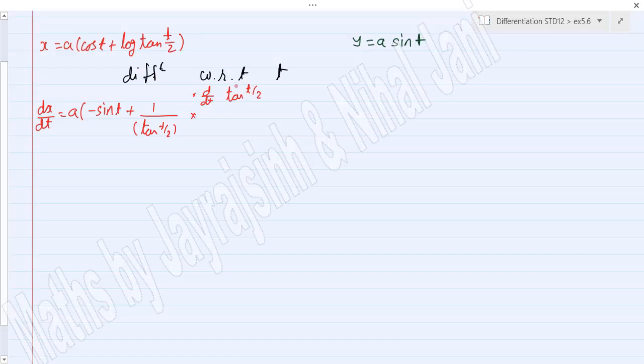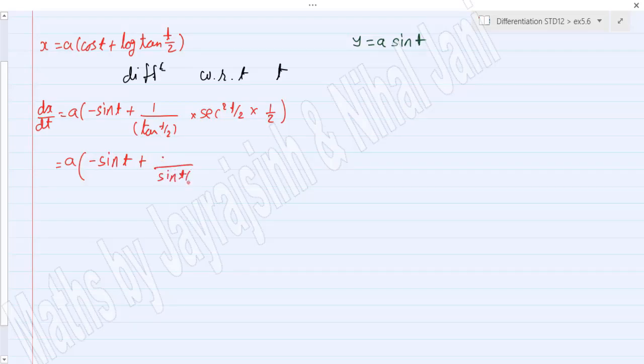So we just have to multiply differentiation of tan t by 2, which is simply sec square t by 2 into coefficient of our variable, which is 1 by 2. For further simplification, your minus sin t will be as it is, convert tan t by 2 into sin by cos.